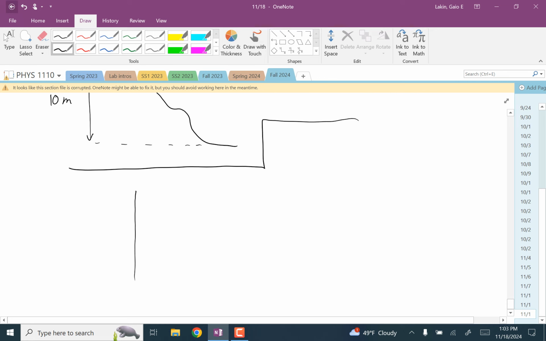All right, so instant 1 is going to be at the top of the hill. Instant 2 is at the bottom of the hill. I'll choose h equals 0 at the bottom of the hill.